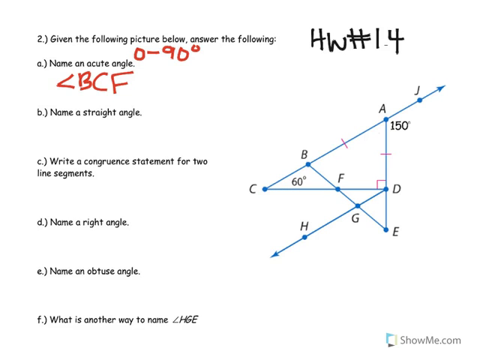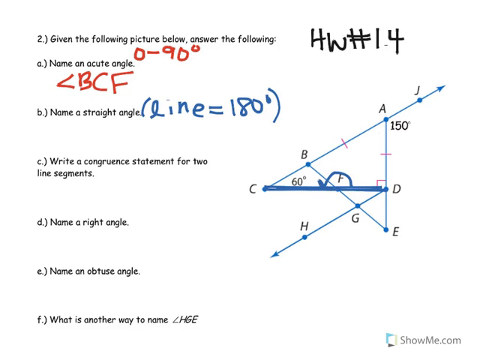All right, looking at letter B. Name a straight angle. Remember the word that I said in class that I want you to think of when you hear straight angle is a line, or if you wanted the degree measure, 180 degrees. There are again multiple answers that you could have done. I'm going to just pick the horizontal line that's staring right at me in the middle here.